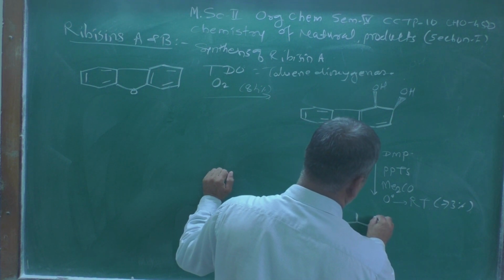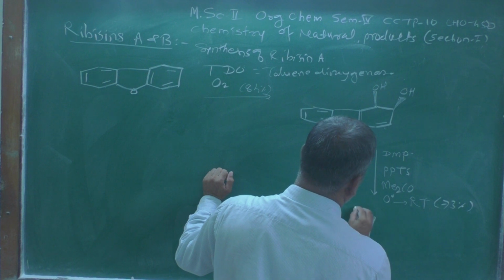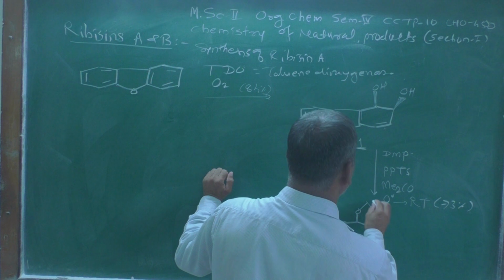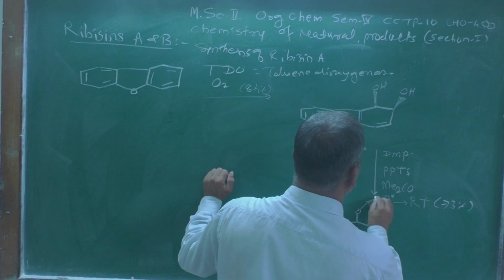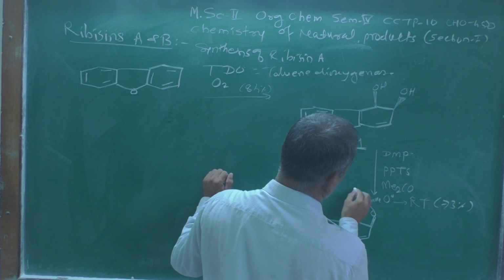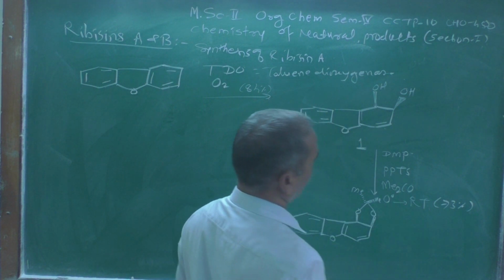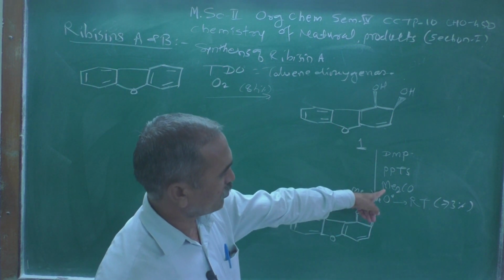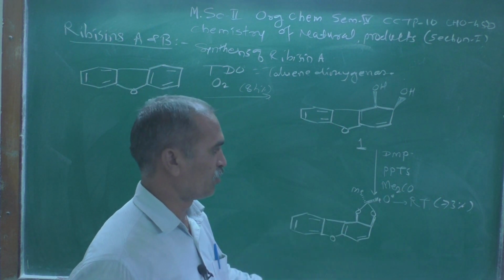Here is the oxygen atom. Now here one of the methyl groups goes above the plane, in the 3D structure, and one methyl group.